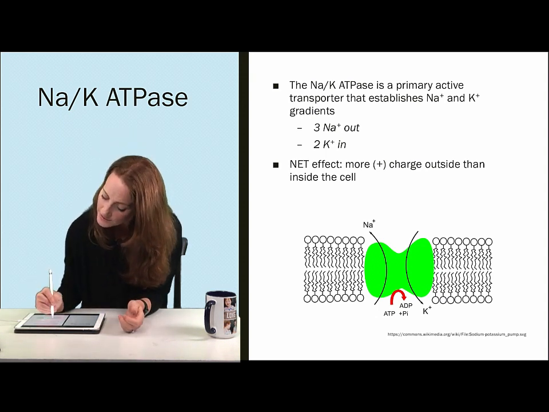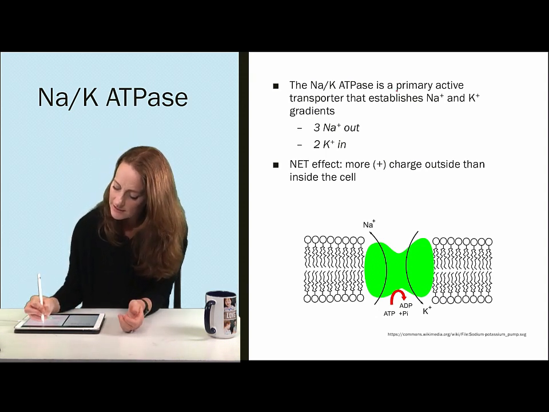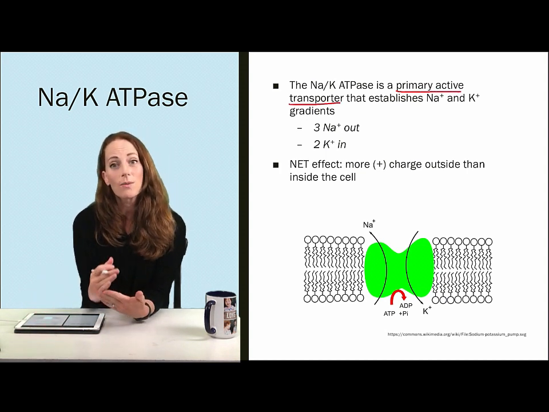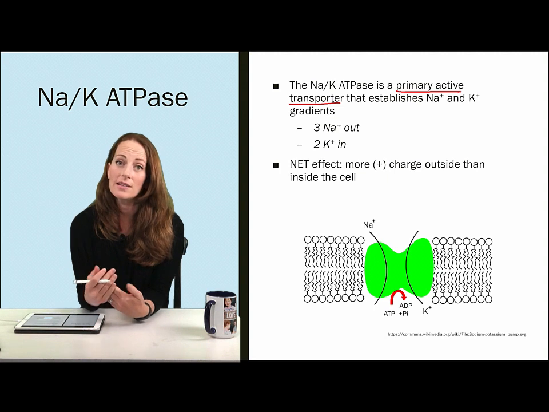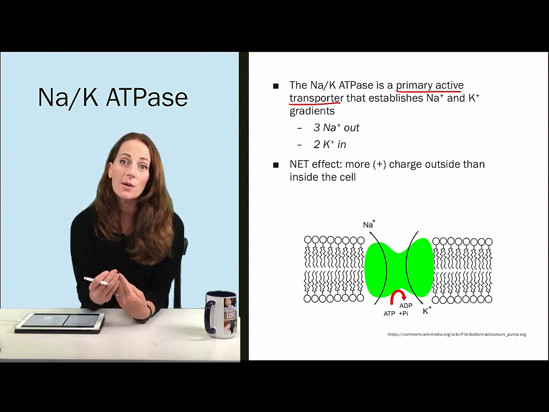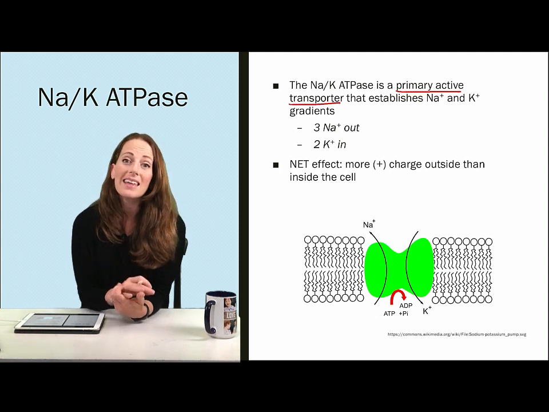So remember that the sodium-potassium ATPase is a primary active transporter, meaning that it directly hydrolyzes or uses ATP to pump sodium and potassium against their gradients.